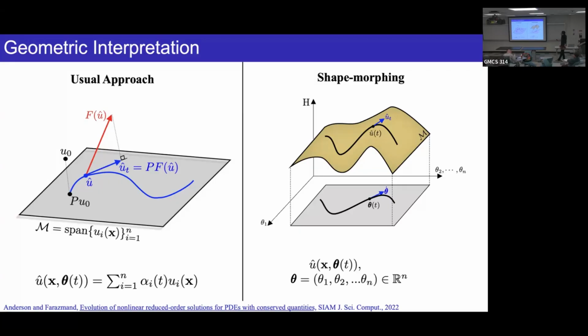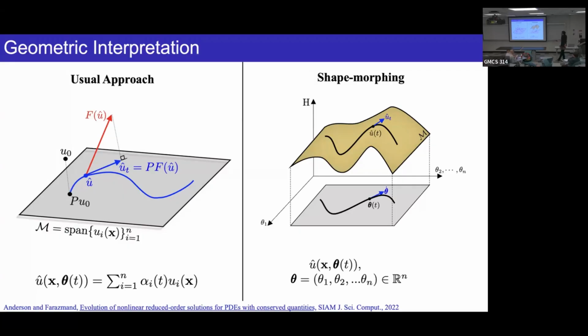So the geometric interpretation of SMS is the following. As I mentioned earlier, in conventional Galerkin type methods, your solution evolves on a flat subspace of your function space. It's a finite dimensional subspace of your function space, in other words, where these u_i's did not depend on time.